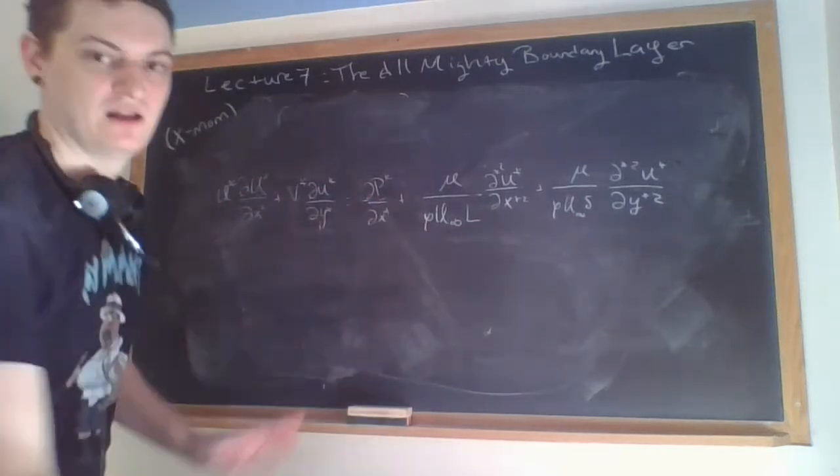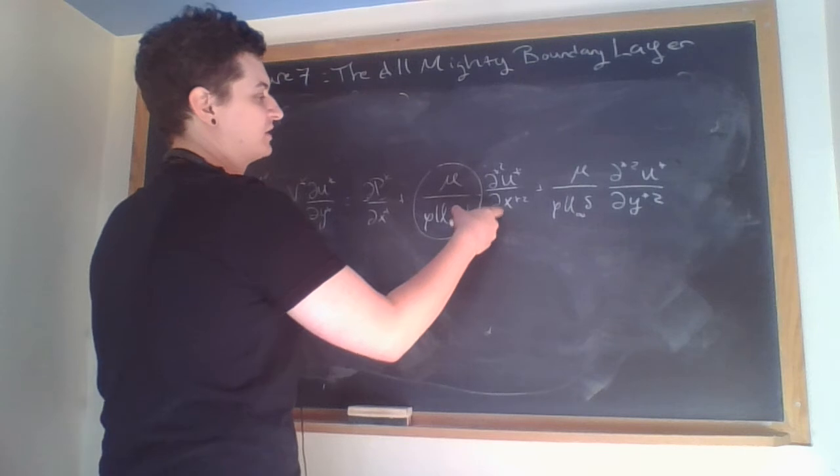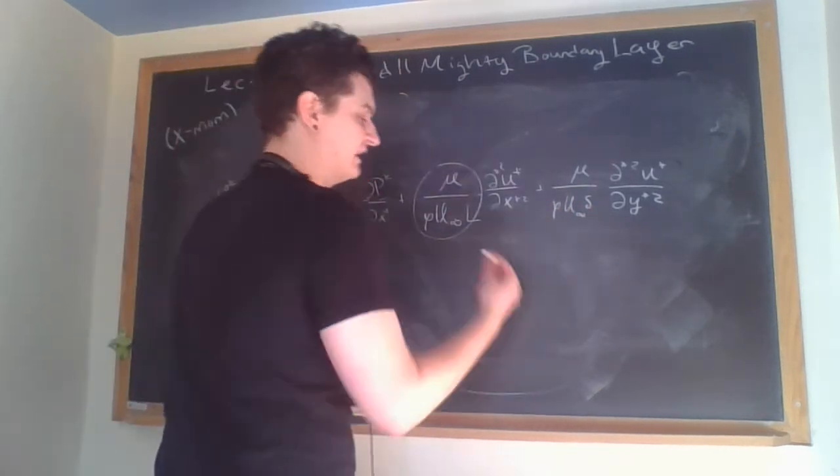So after you've done that, all that's left is this parameter multiplying the curvature of the velocity in the x, and this multiplying the curvature of the velocity in the y.